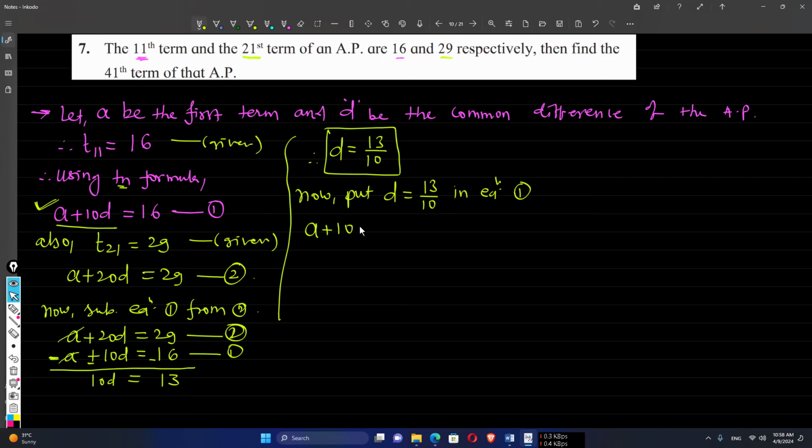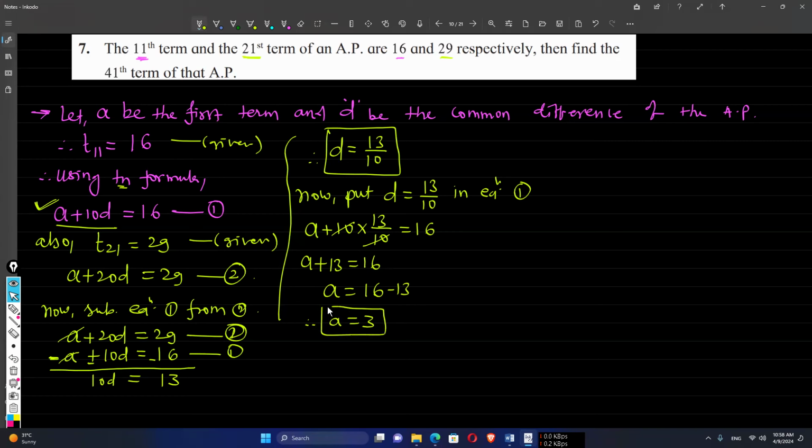A plus 10 times the value of D, 13 upon 10, is equal to 16. Now this 10 in the denominator and 10 in the numerator will be cancelled out. So we will get A plus 13 is equal to 16, meaning A is equal to 16 minus 13, meaning A is equal to 3.